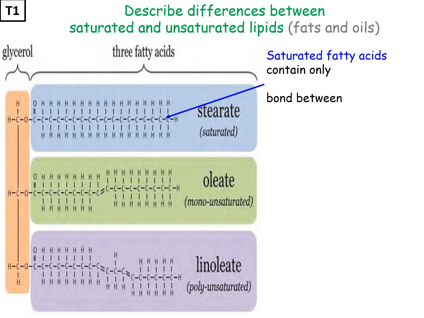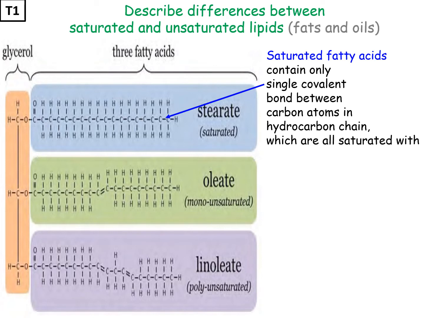So here a saturated fatty acid contains only single covalent bonds between the carbon atoms in the hydrocarbon chain. And that hydrocarbon chain is all saturated with hydrogen atoms. In other words, they are bonded with hydrogen atoms. You cannot fit any more atoms into that hydrocarbon chain. So every single carbon atom has a single covalent bond with each other.